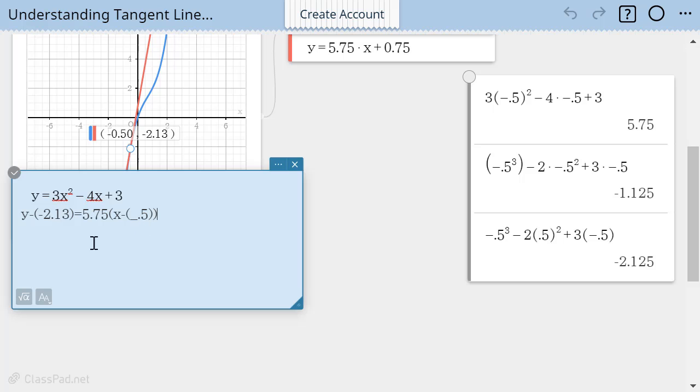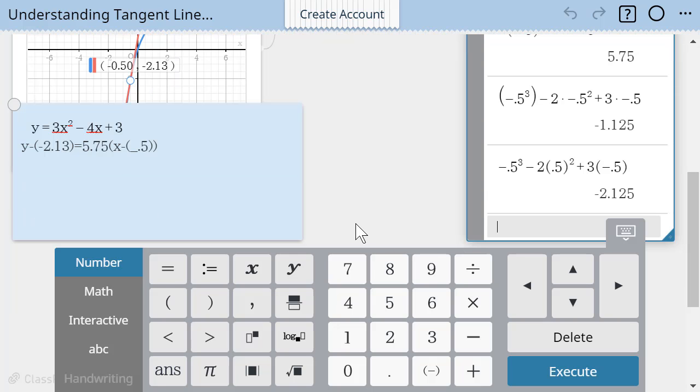And when I do the calculations on this, what am I going to do? I'm going to multiply 5.75 by x and by, and if we need to, we can use our calculator. So 5.75 times negative 0.5, and I'll put this in parentheses.